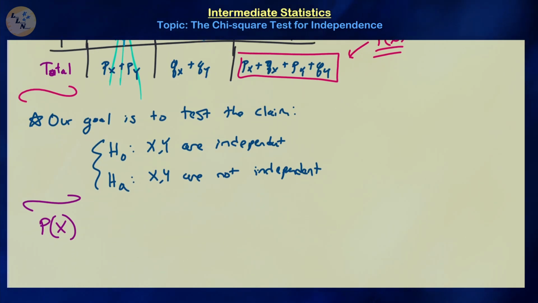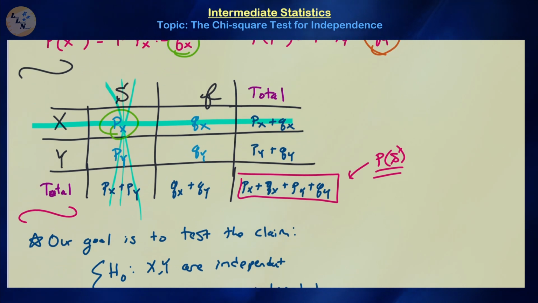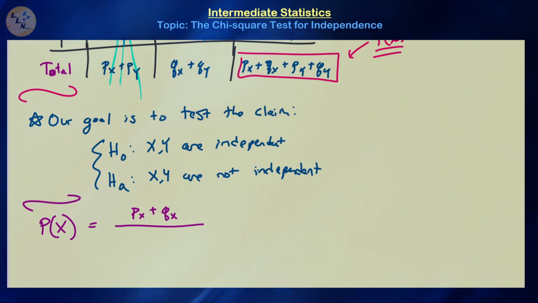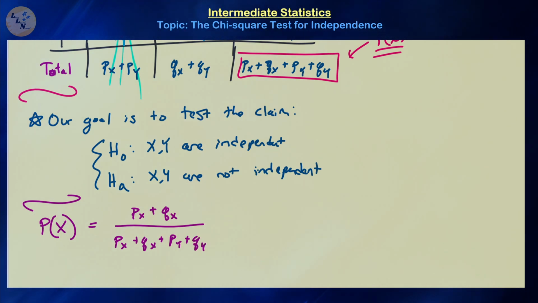So this could be equal to the probability of x or not x, right? So either it is a success or it is a failure, but regardless of it, that's the occurrence of x, all divided by the total probability, so it's going to be px plus qx plus py plus qy, right? So that's going to be the size of the event space over the size of the sample space.